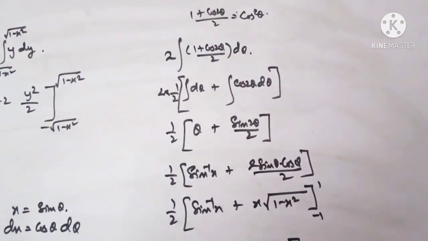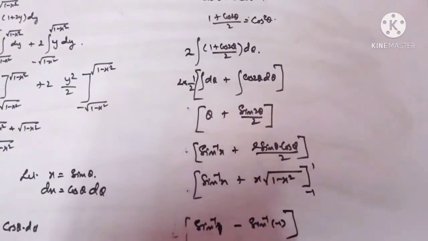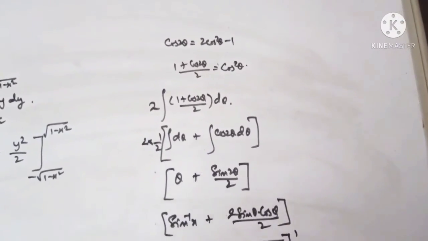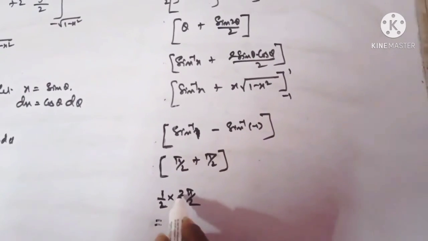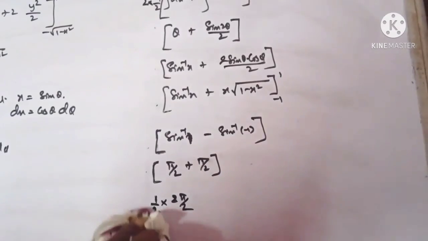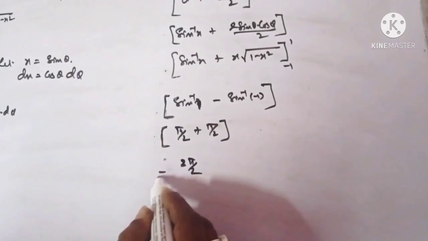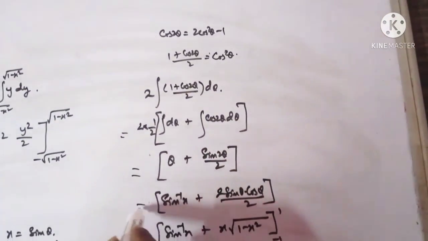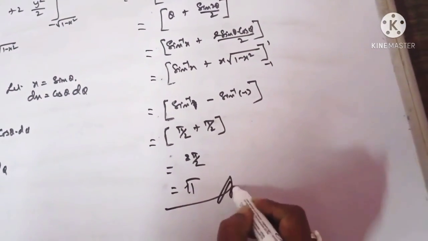Now here there is no half, it cancels out, there is no half. So your answer is, now your answer is pi. This is your answer.